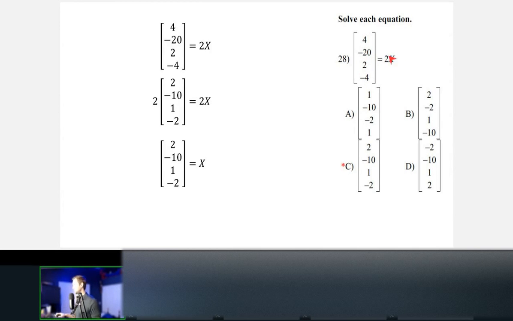I'm pretty sure you've seen one of these either in the modules or on your quiz or even on your test. So what we're going to have to do is make the left side equal the right side. So we're going to have to GCF a 2 out of this matrix on the left, so you divide everything by 2 to pull that out. And now we have 2 times a matrix equals 2 times a matrix. So more or less, we just divide both sides by the scaling value 2. And then you get matrix X equals the matrix. And that's the answer.